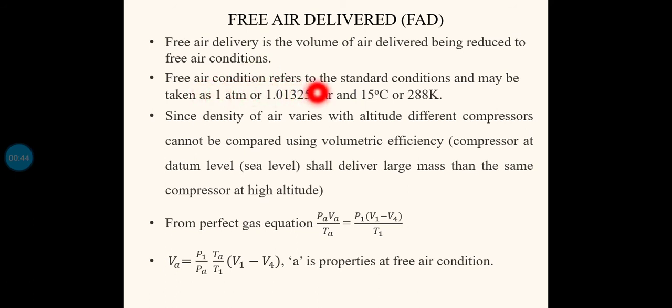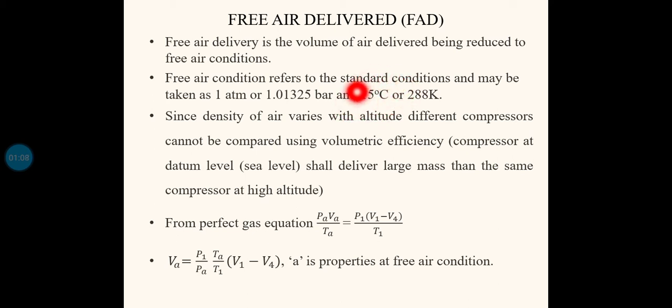So free air condition refers to the standard conditions and may be taken as 1 atmosphere or 1.01325 bar and 15 degrees Celsius or 288 Kelvin. So this condition, that is 1 bar and 15 degrees Celsius, is known as the free air condition. If this temperature is not given, then we have to assume 15 degrees Celsius.